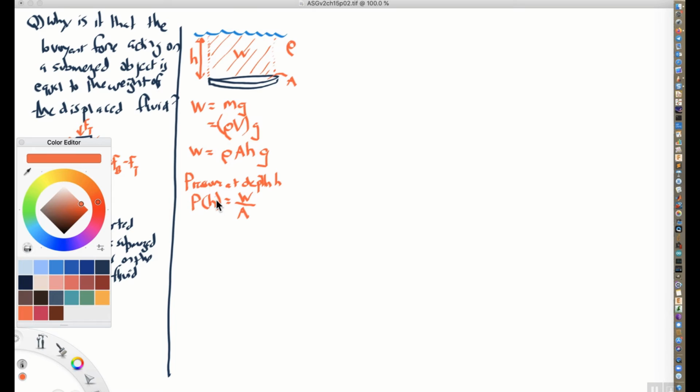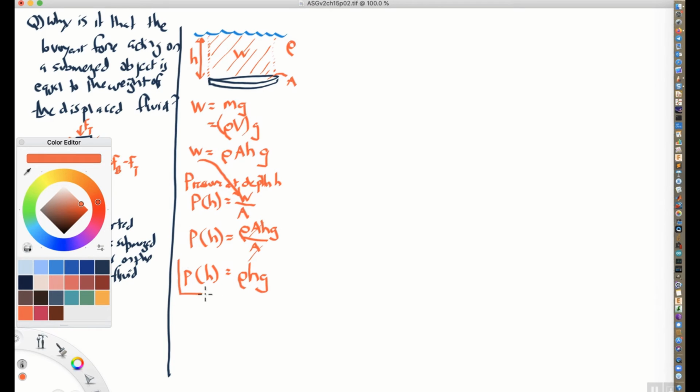So we can take this W and plug it in. And so the pressure at this depth h is the density times the area times h times g over the area. The A's cancel out, so the pressure at this depth h is equal to the density times the depth times g.